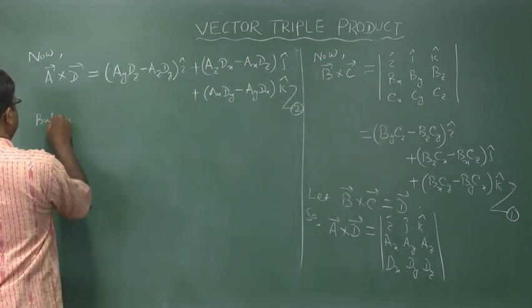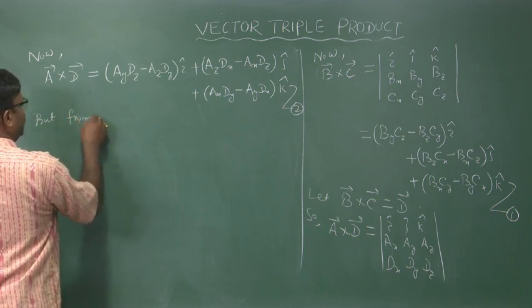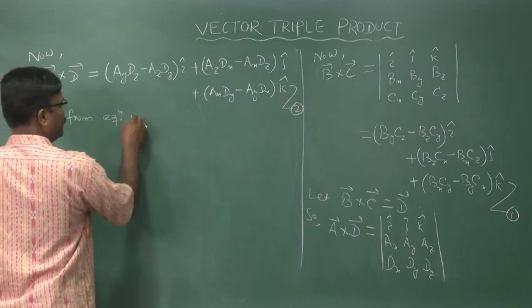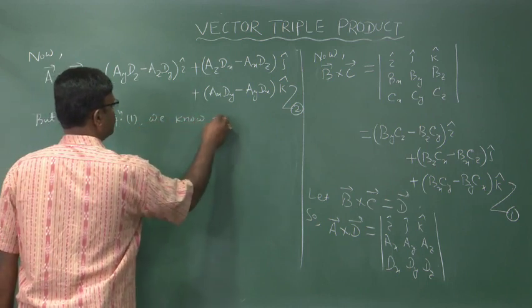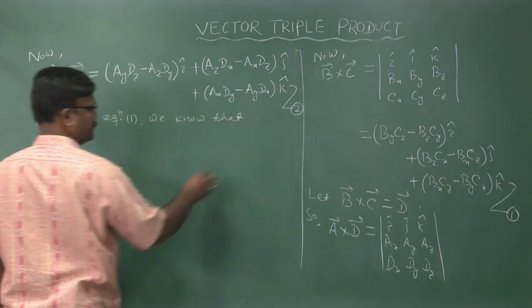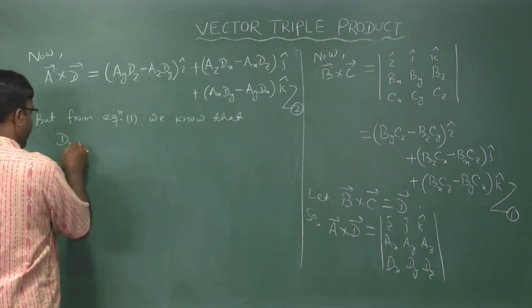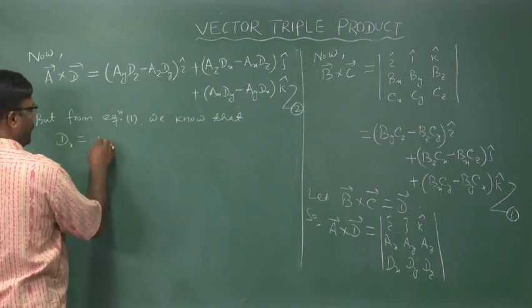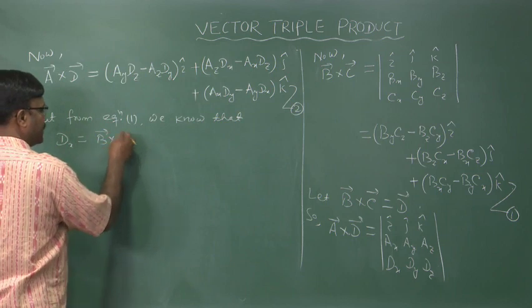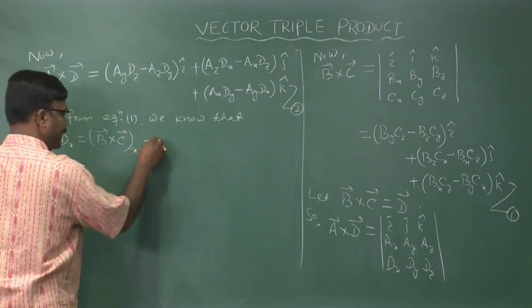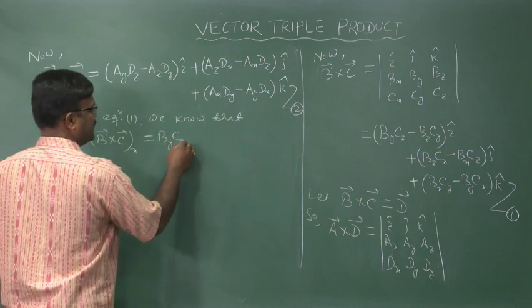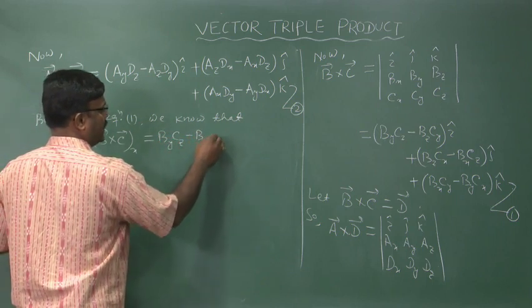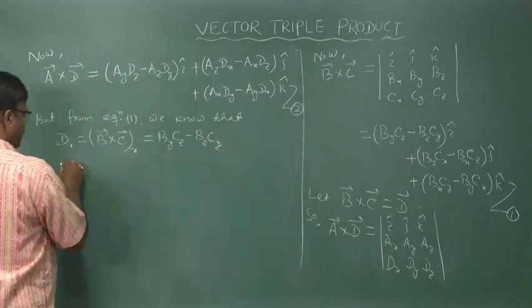But from equation 1, we know that Dx is equal to the x component of B vector cross C vector, which is equal to By Cz minus Bz Cy.